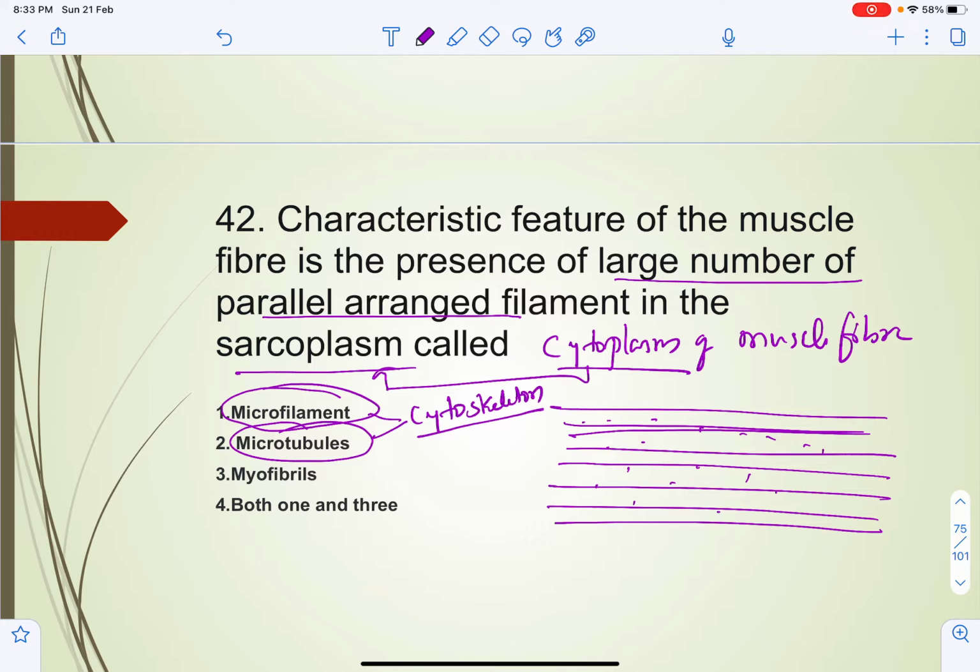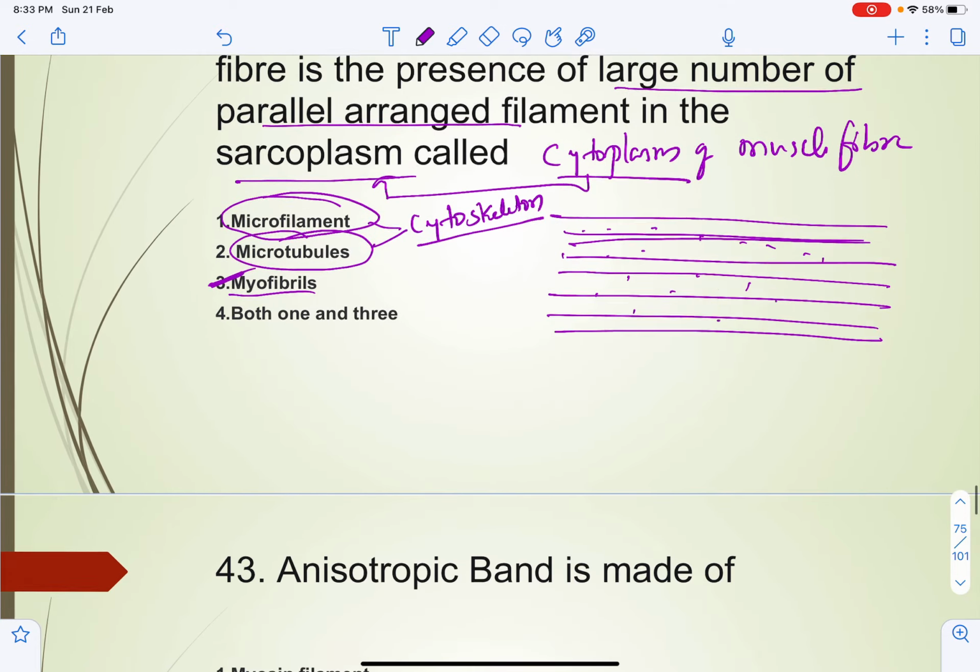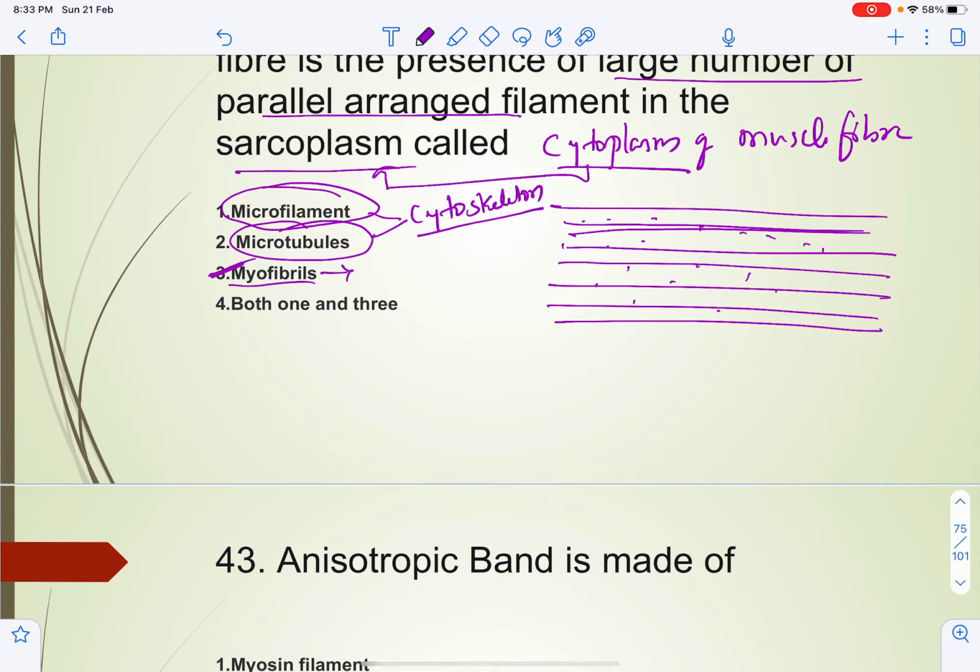Myofibrils are the parallelly arranged structures seen in the muscle fiber. These myofibrils are made up of two types of filaments, also called myofilaments: actin and myosin.